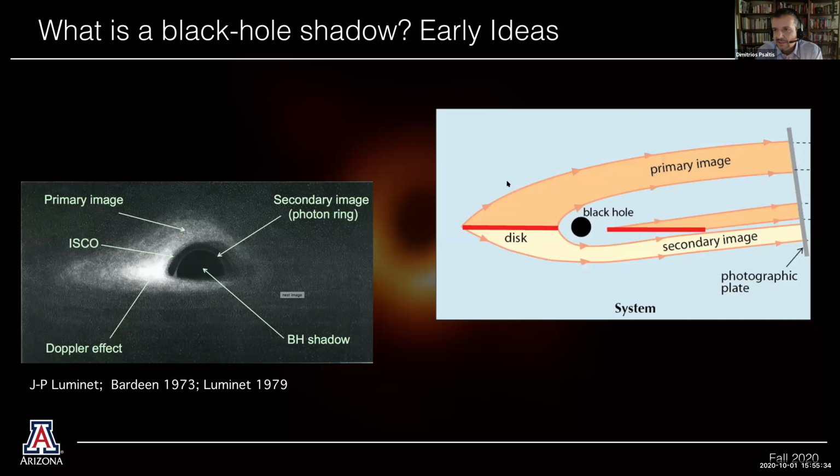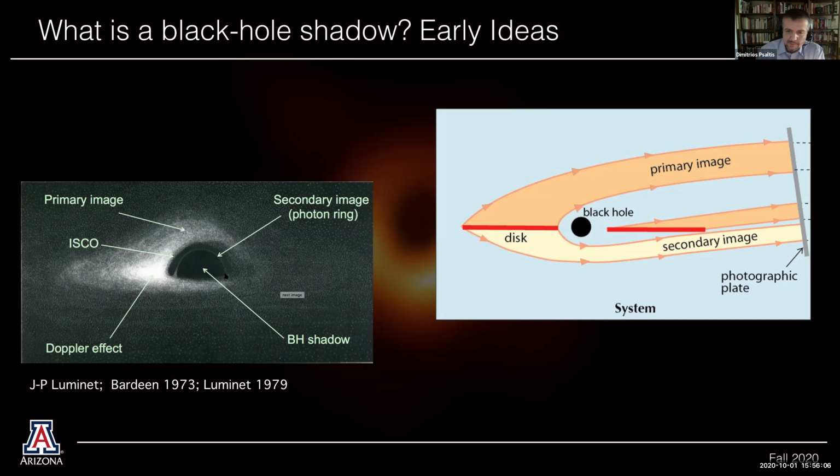For the aficionados, these are the kind of Shakura and Sunyaev or Thorne and Novikov types of accretion disks. And indeed, as you would expect, any photon that comes close to the black hole gets absorbed by the black hole, and you have this weird shaped depression of brightness in the middle that looks quite different than the image that I showed you before. Even though this was the state of the art at the time, unfortunately, it was not very useful either in designing the Event Horizon Telescope or interpreting the data.